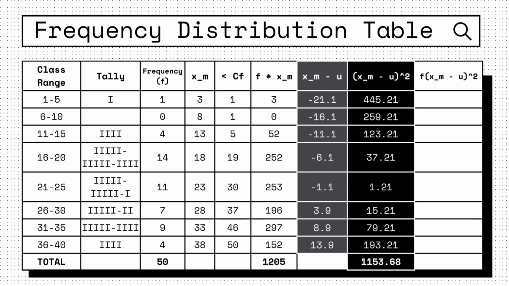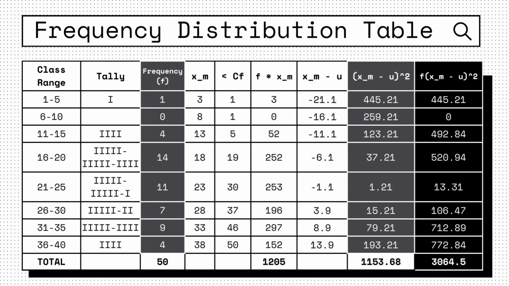For the seventh, we have 8.9 squared, which is equal to 79.21. And finally, for the last class, we have 13.9 squared, which is equal to 193.21, totaling 1153.68. And on to our next slide.